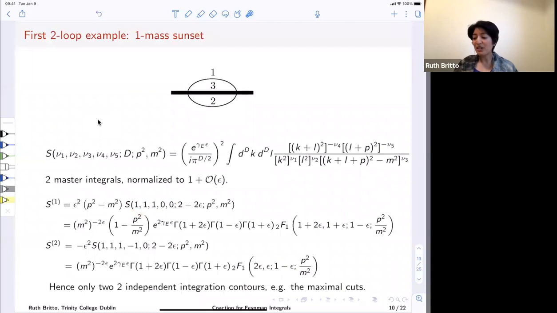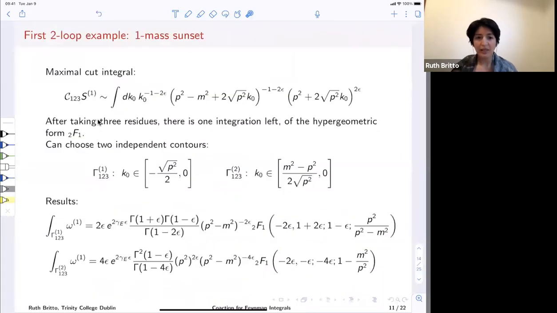Okay, now what about the cuts? There are only two independent master integrals. So there are also only two independent cuts, and we can take those to be the two maximal cuts. So let me show this a bit more explicitly here.